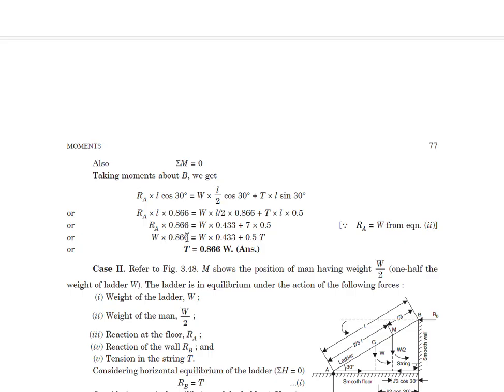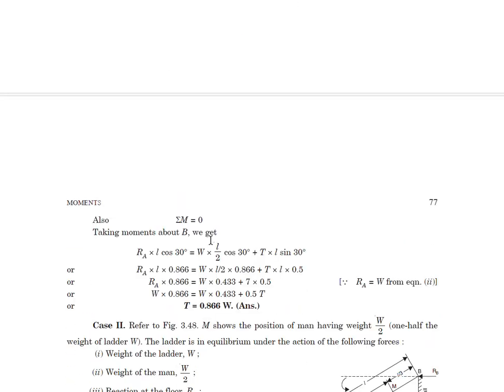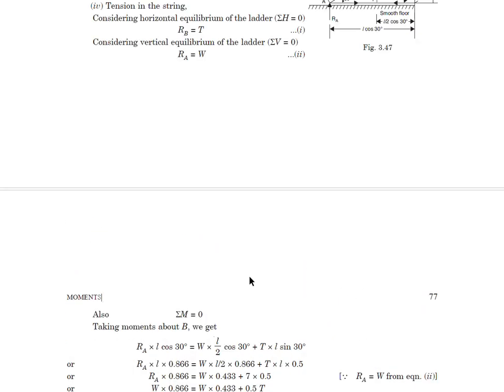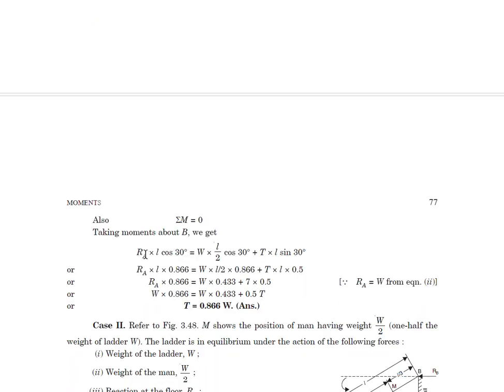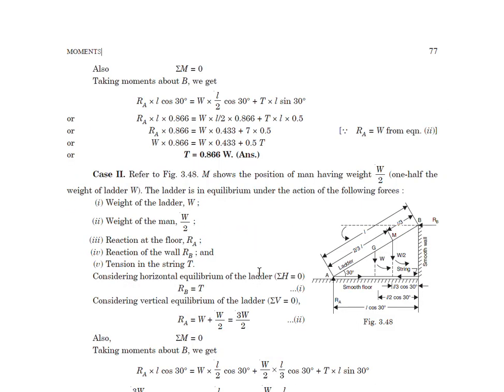Okay, so by this you can find the tension in the string by putting the value of T and W. Taking the moment about point B, this T is found to be 0.866 W.